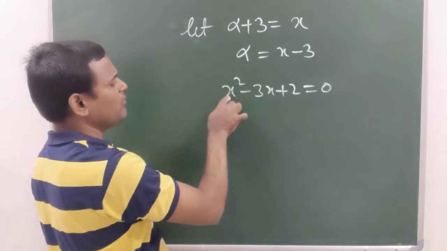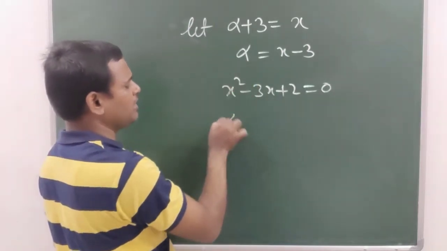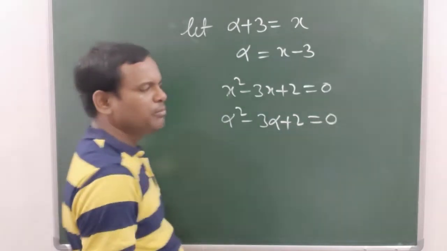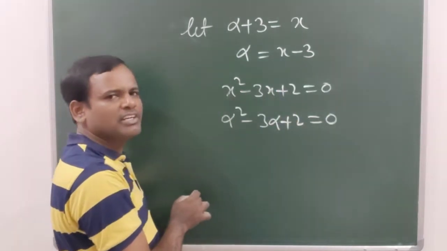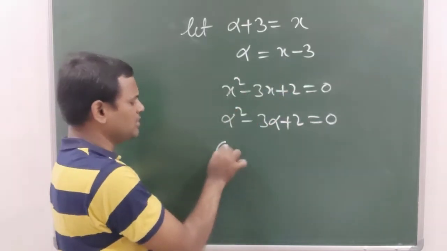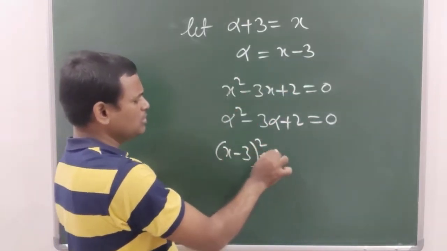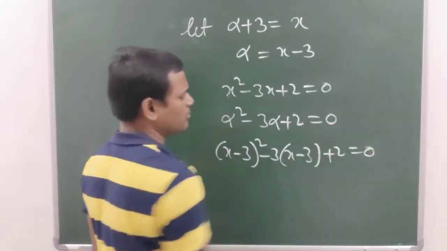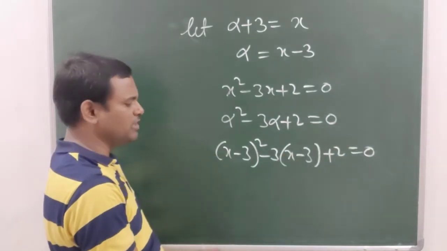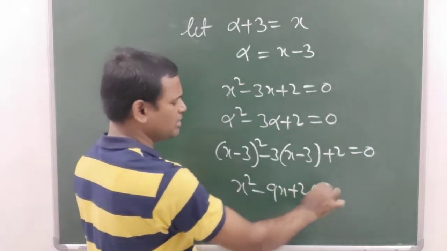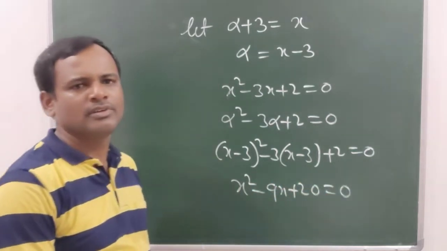Now in the place of x write alpha square minus 3 alpha plus 2 is equal to 0, because alpha is one of the roots of this quadratic equation. In the next step, in the place of alpha write x minus 3 whole square minus 3 into x minus 3 plus 2 is equal to 0. Now go for simplification of this. At last you will get x square minus 9x plus 20 is equal to 0.